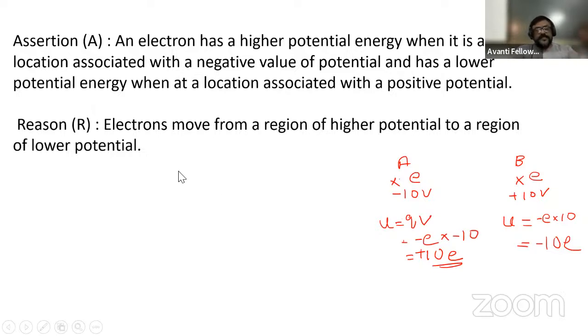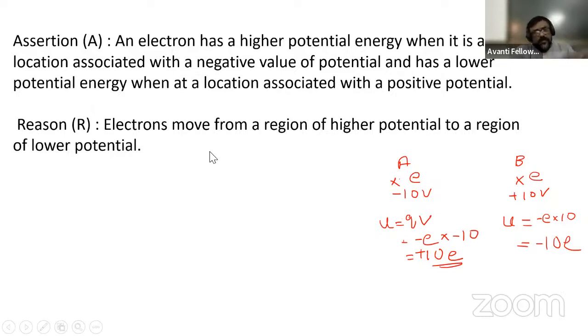So our answer is, what are the things given here? The things given are the assertion. The first answer is A: if assertion and reason are true, and reason is the correct explanation of the assertion. The answer will be B if assertion and reason are true, but reason is not the correct explanation.